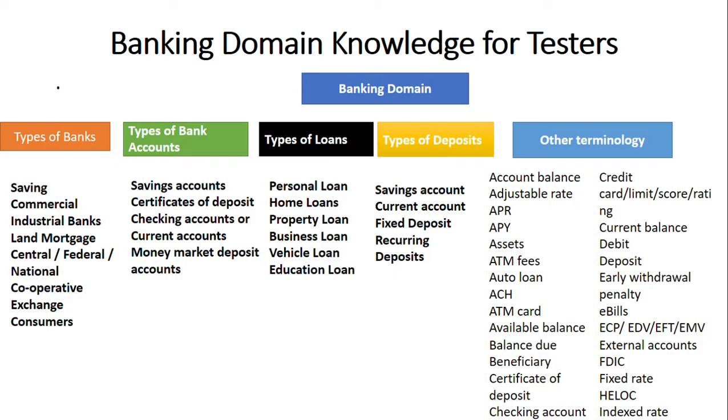Then the exchange banks are related to foreign trade, like remitting money, buying and selling gold and silver, and helping import and export trades. These banks are helping with that.